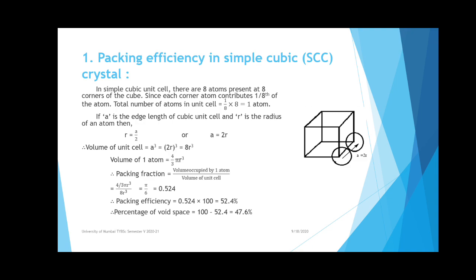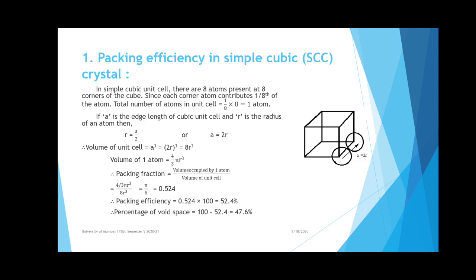In that cubic system, if constituent particles are present at the 8 corners of the cube, then it is called a simple cubic unit cell or simple cubic type of system.